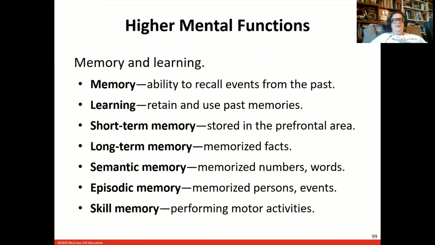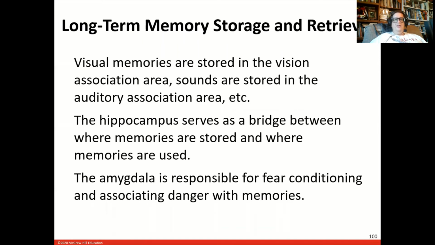All right, so we're about to go through a fair number of the ones in this bulleted list. Let's do this. Long-term memory storage and retrieval. You've got visual memories stored in the visual association areas, sounds in the auditory association areas. Remember, that's down low in the temporal. The hippocampus is a bridge between where memories are stored and where the memories are used.